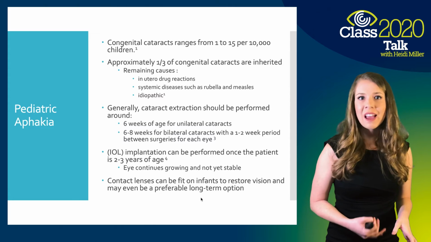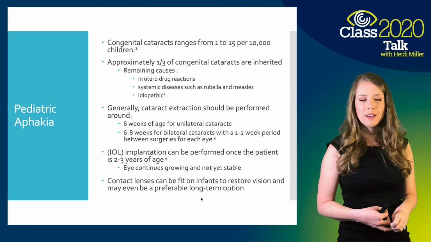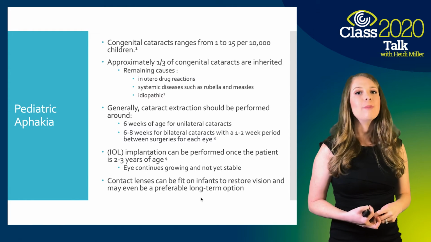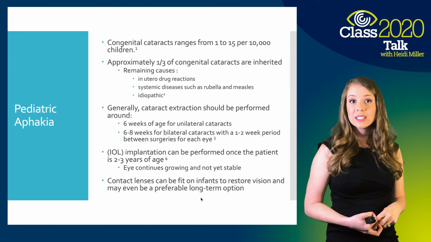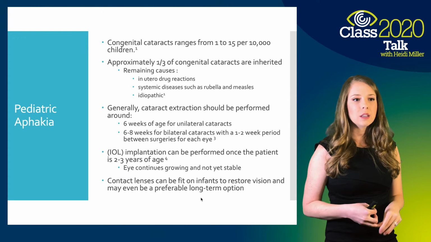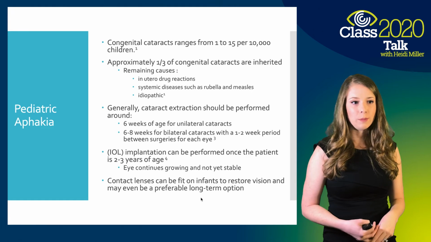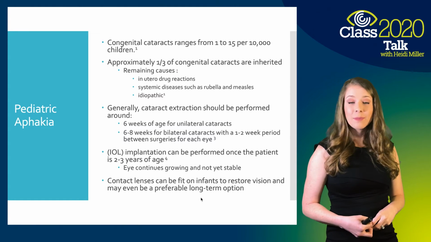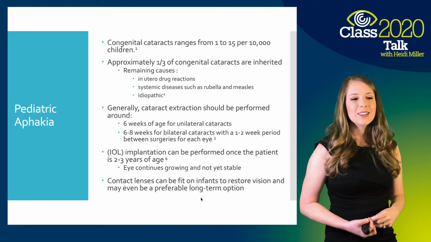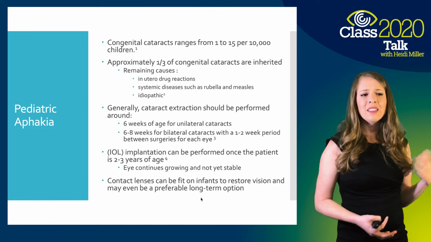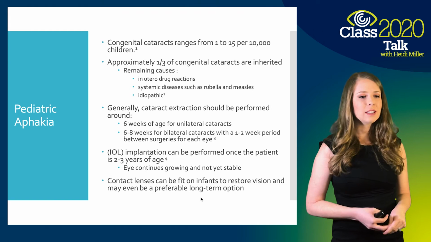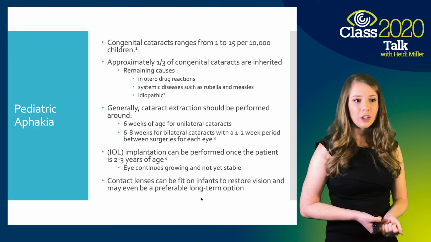Shockingly, I thought I would never see a cataract from rubella just because of all of the vaccinations that we have, but I did have a patient that came from overseas who had rubella, and her child had bilateral cataracts from it. So it's still something that you might see in your chair, and so I wanted to list that. And then the final one would be idiopathic, just no underlying cause, but it just occurred.